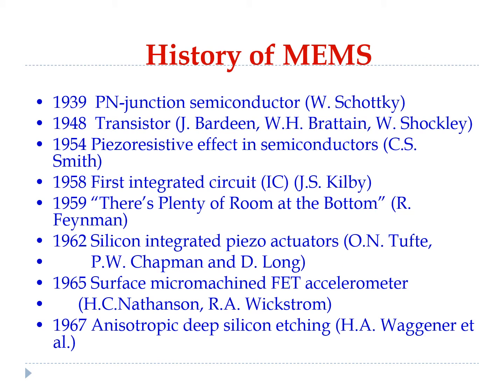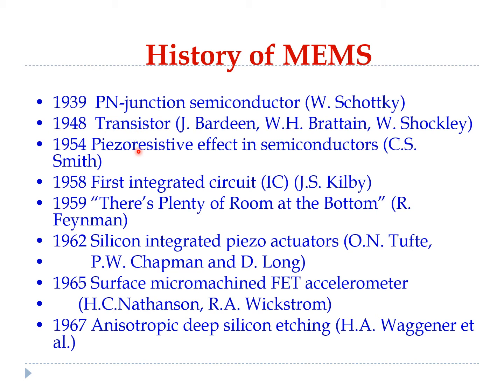And how has MEMS arrived? What is the history of MEMS? The father of MEMS is the semiconductor devices. In 1939, the PN junction semiconductor was the first semiconductor device, and then in 1948 it converted into transistors.